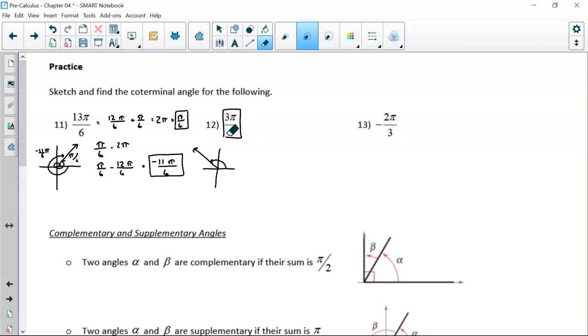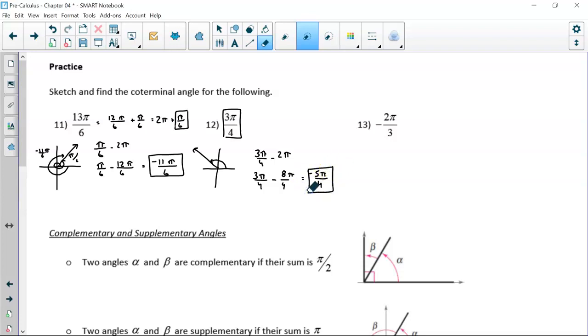Now to find the negative, we're going to do 3 pi over 4 and subtract 2 pi. So that's 3 pi over 4 minus, and to get that common denominator of 4, it's going to be 8 pi over 4. That would give us negative 5 pi over 4.